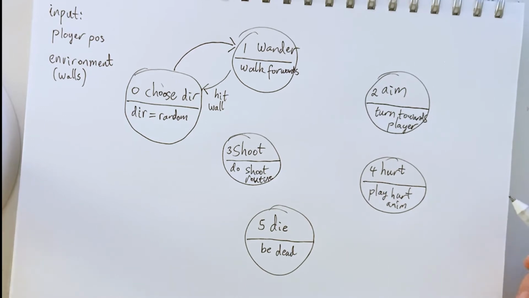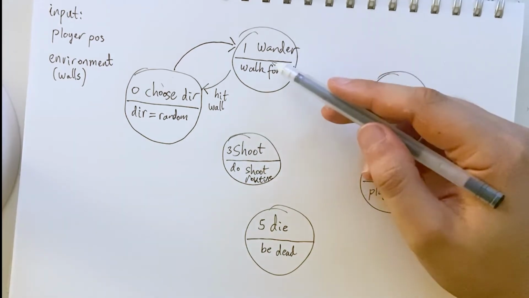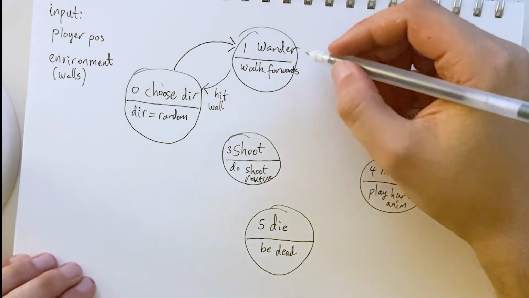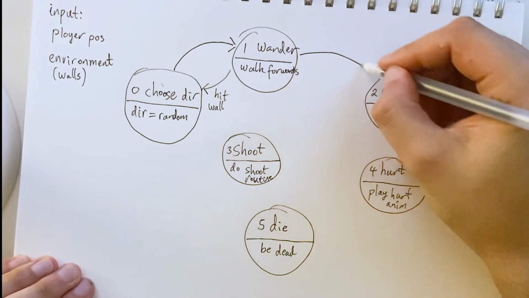Okay, so of course, if we wander and we get close enough to the player, we want to shoot the player, but first we want to aim around, like spin around and face towards them.